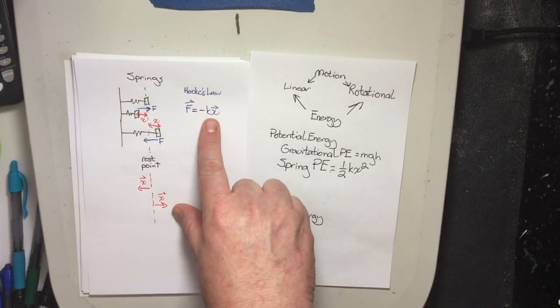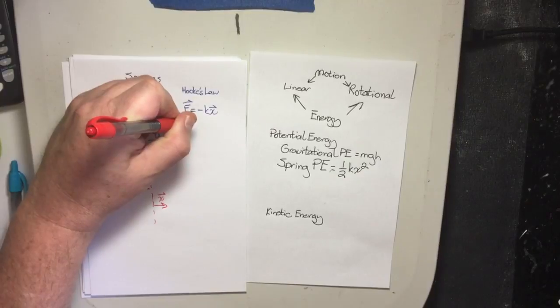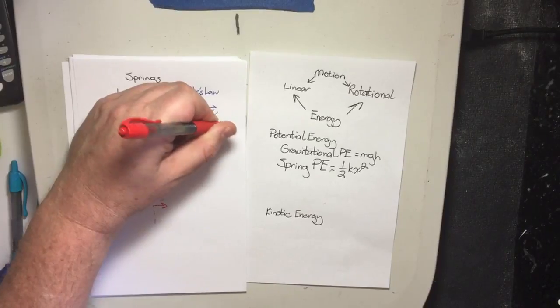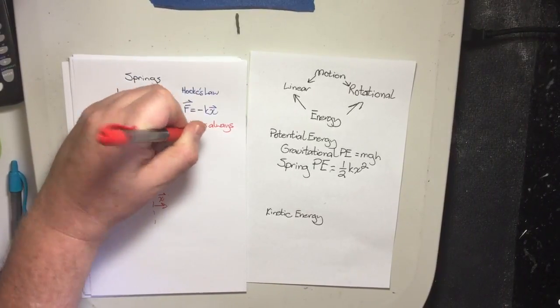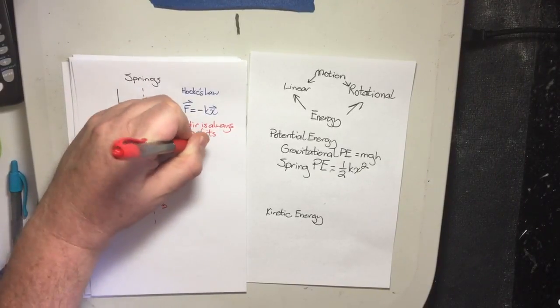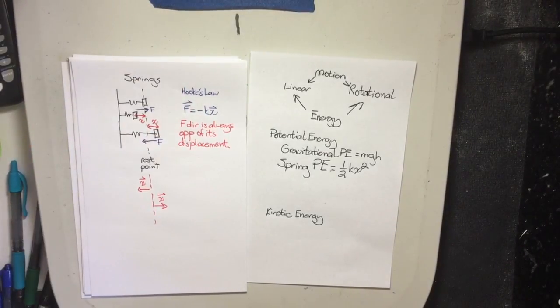And what this really says for Hooke's law is that the force's direction is always opposite of the displacement. So if you push it to the negative side, the spring is going to try to push it to the right, and vice versa. So this is the whole thing about Hooke's law.